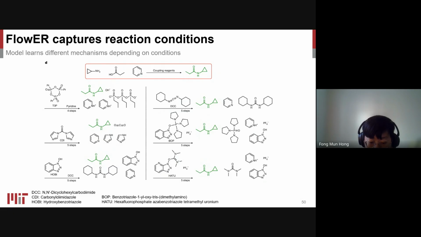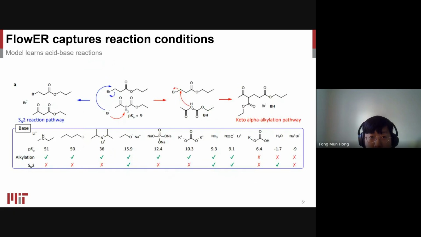Right. And that moves us to the reaction conditions. This is also a reflection of the training data. Here we see that with different bases being used in the model, it proceeds to a different reaction.